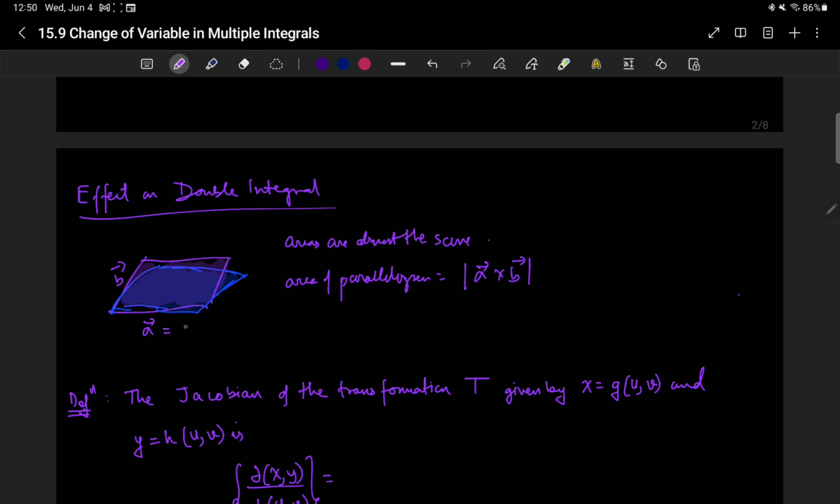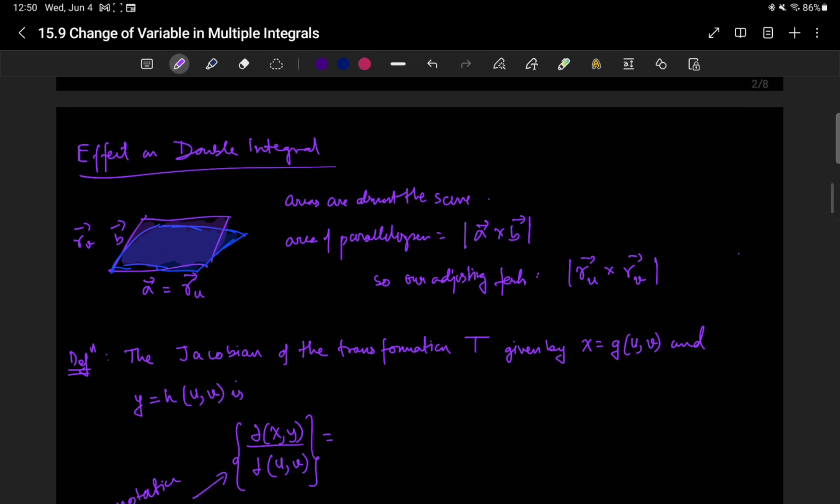So these are tangent vectors in the u direction and tangent vectors in the v direction. And so our adjusting factor is going to be the cross product between these tangent vectors, r sub u and r sub v. And this is called the Jacobian.